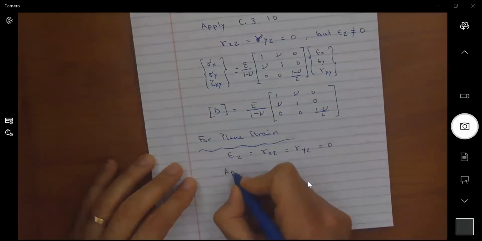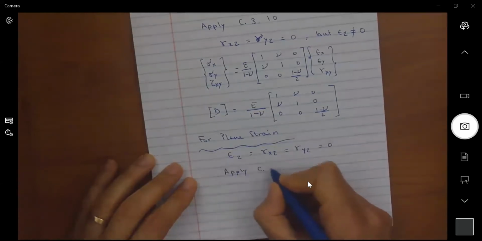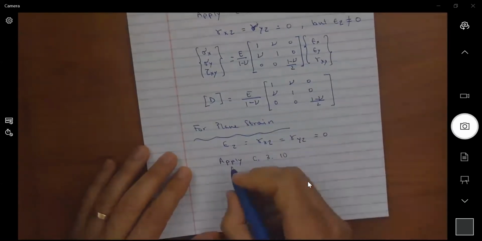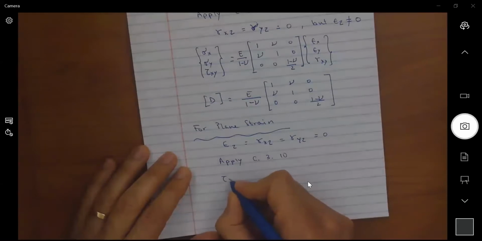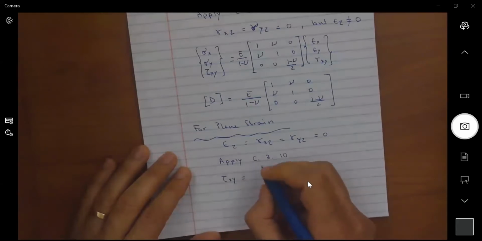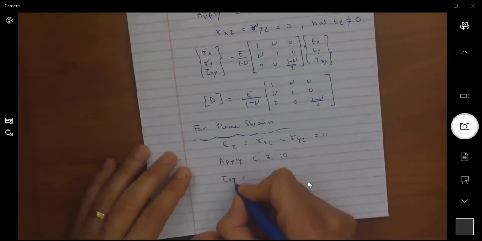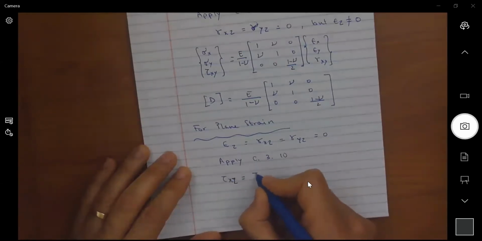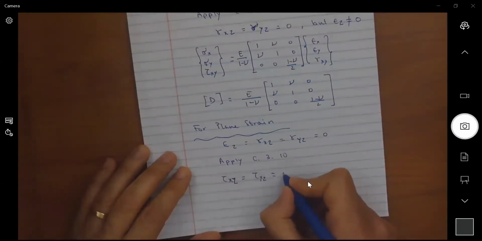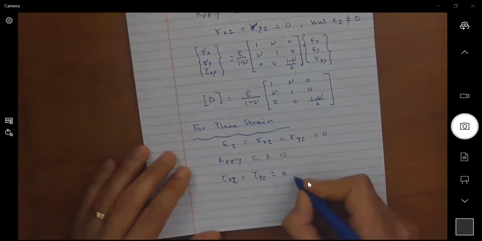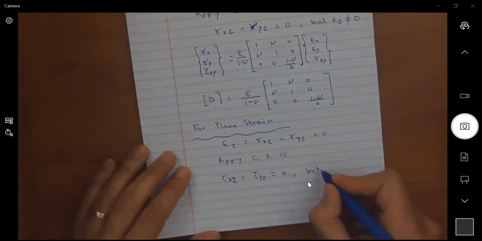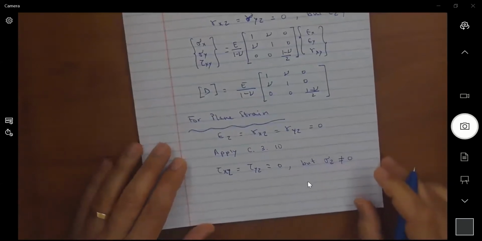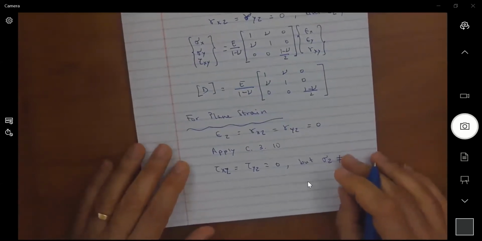Again, if we apply C310, we'll find that tau xz is equal to tau yz is equal to 0. But sigma z is not equal to 0, even though I'm not including it in the equations.